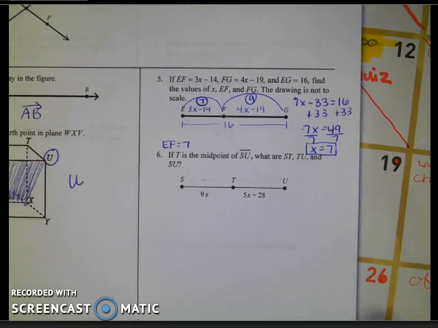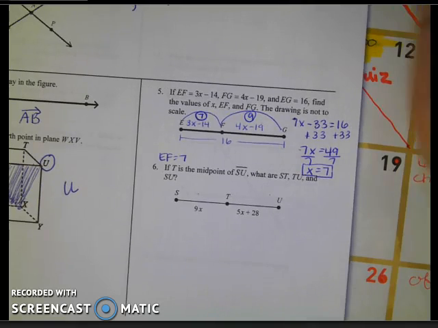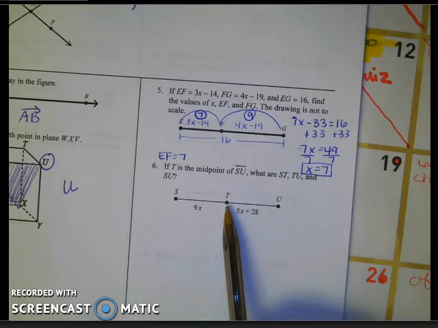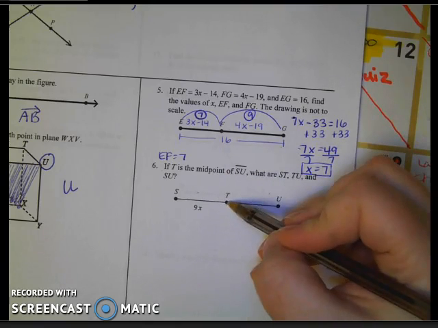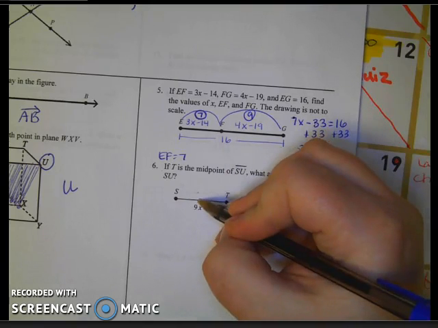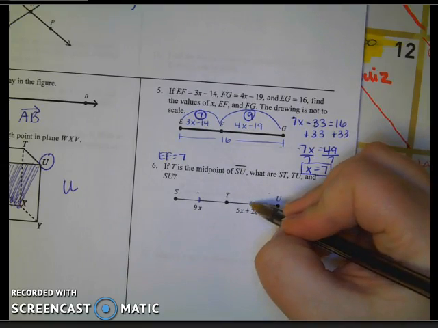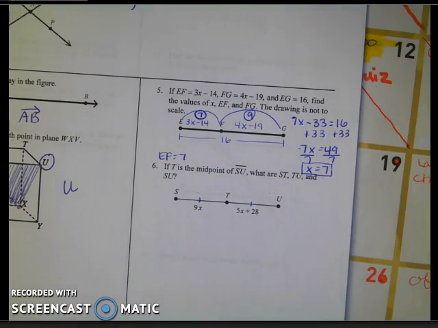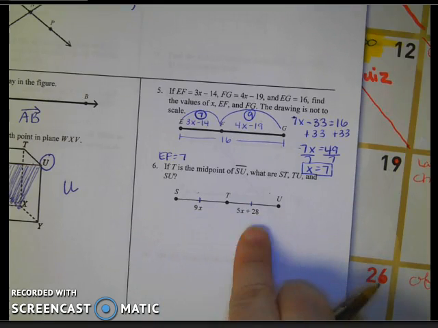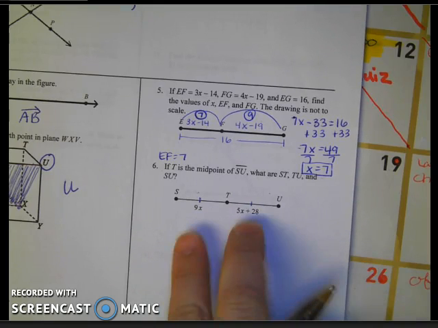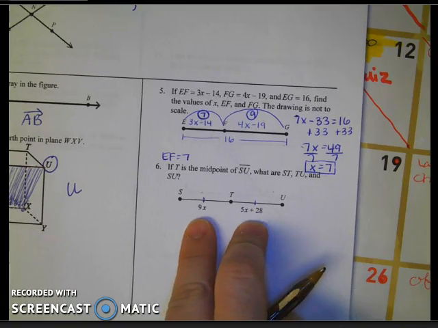Number 6 is a little bit different. This says that T is the midpoint. If something's a midpoint, that means it's directly between S and U evenly. So this segment is going to be congruent, or the same length, to that segment. What can I do algebraically to solve for x? I know that these two measures are exactly the same.